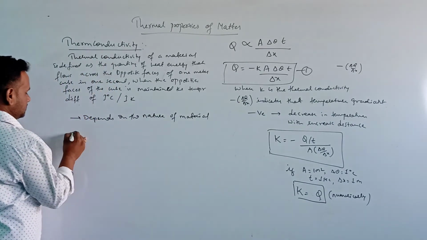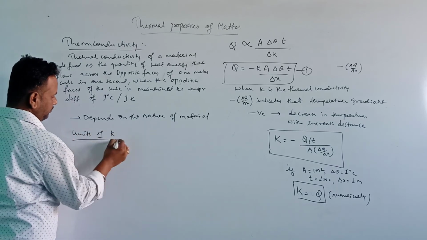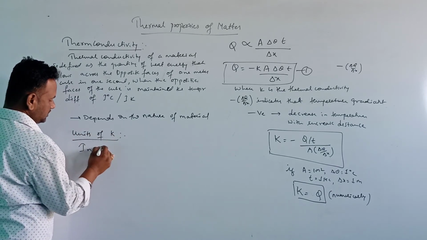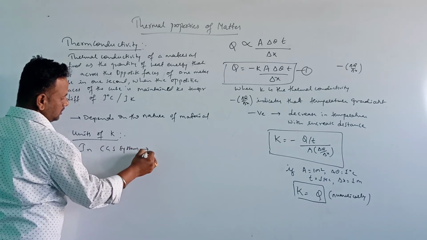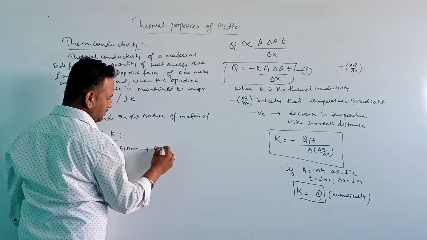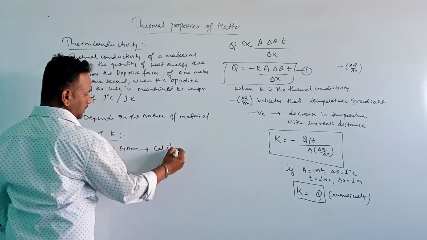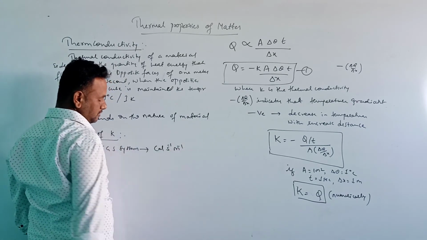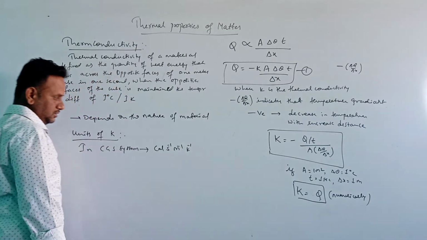Now let us discuss the units of thermal conductivity. In the CGS system, the unit of thermal conductivity is calorie per second per meter per Kelvin.